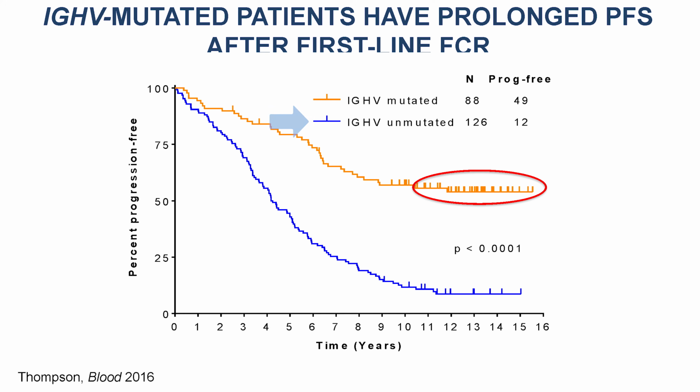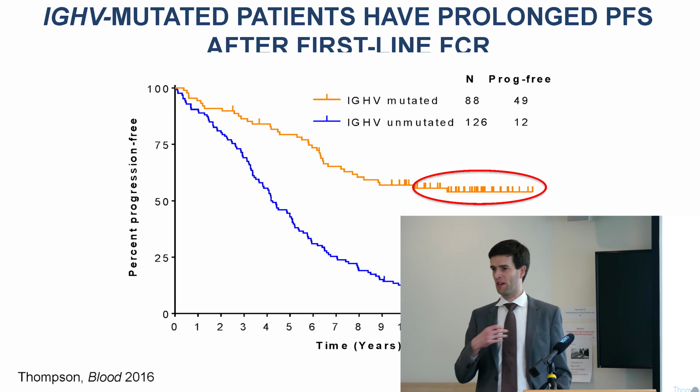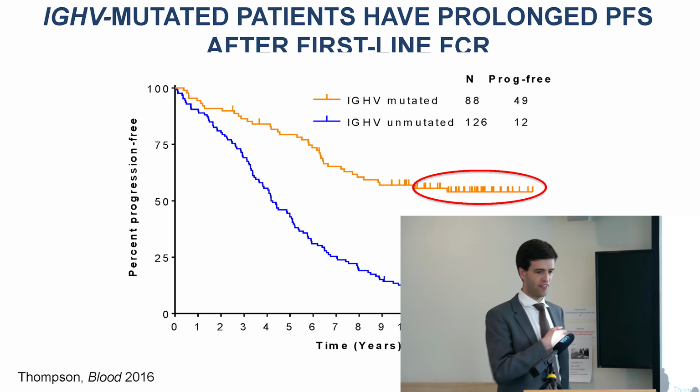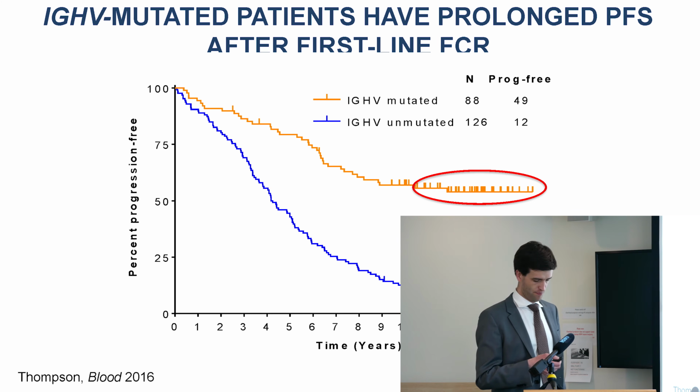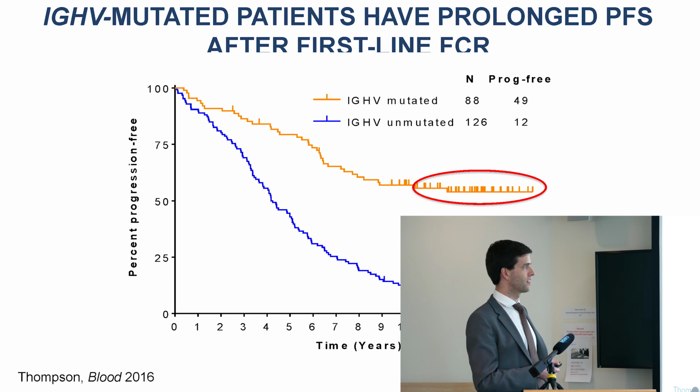So this type of treatment works better in patients who have a mutated IGHV than an unmutated IGHV. Now, us knowing this doesn't necessarily mean we're able to do anything about it, unfortunately, at least at this stage. But this is something that we're working on in particular, developing better treatments for this group of patients.